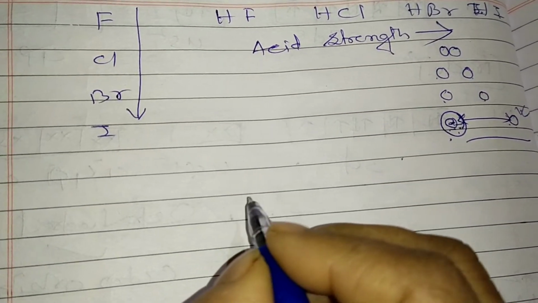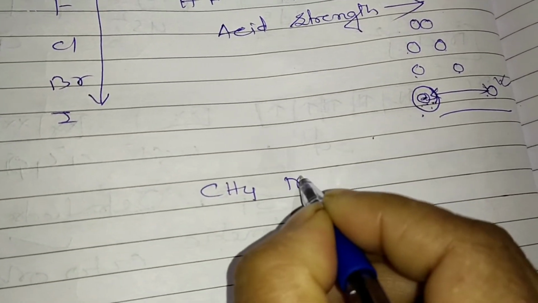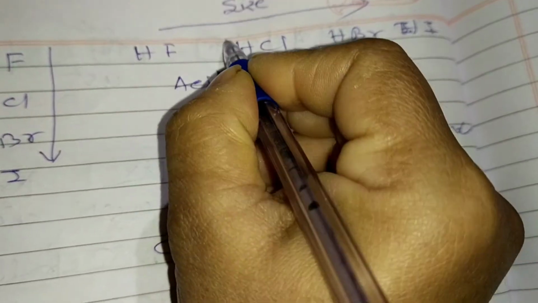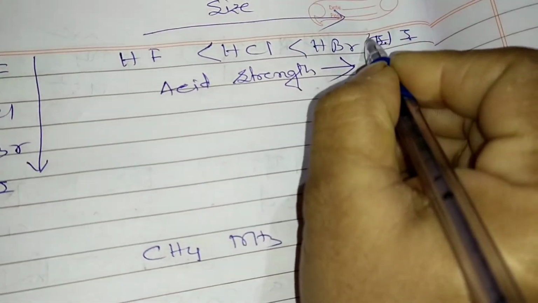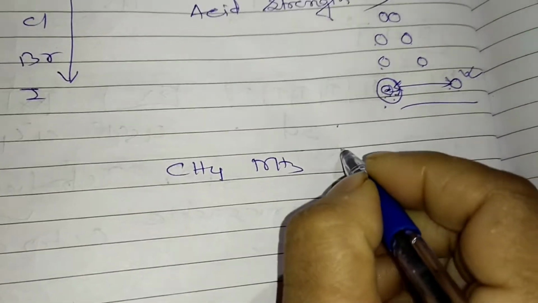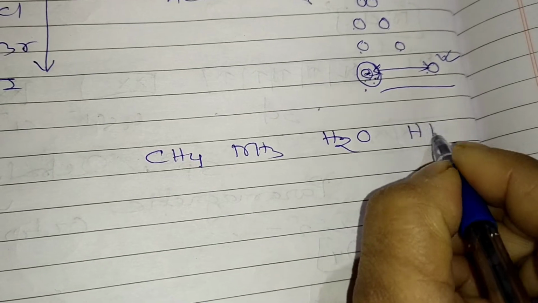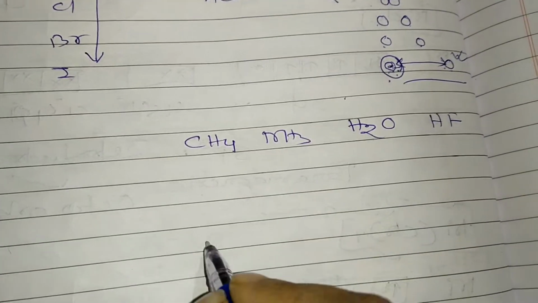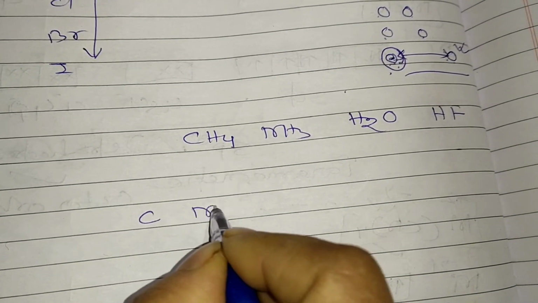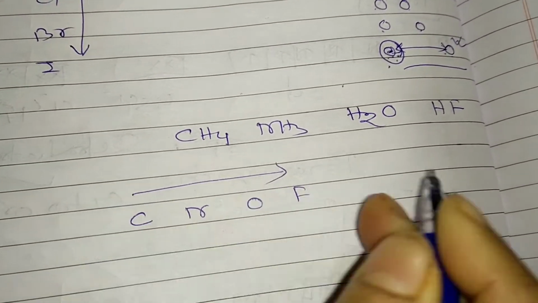One more condition is there. Suppose we are taking CH4, NH3, water and hydrogen fluoride. So we are discussing carbon, nitrogen, oxygen, fluorine, which means we are going across a period from left to right.